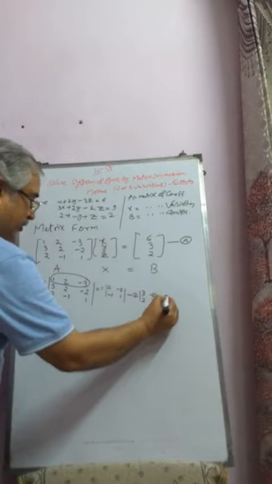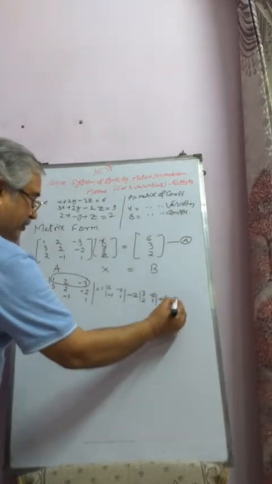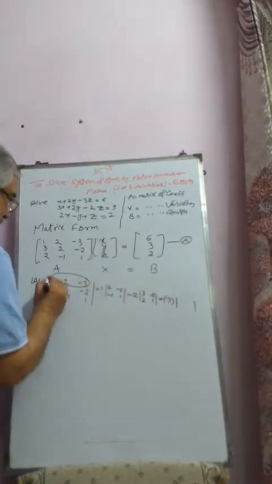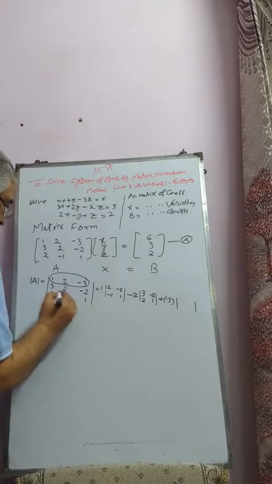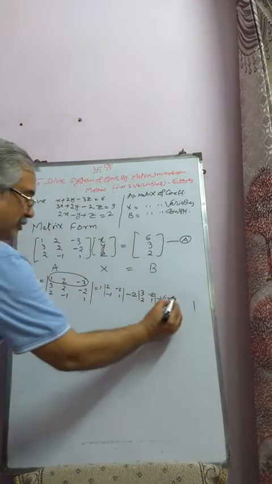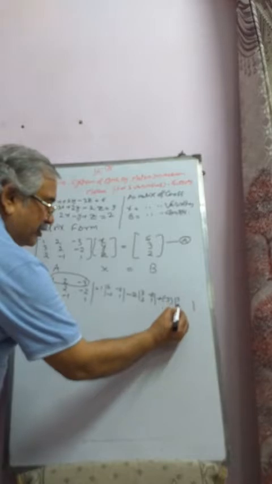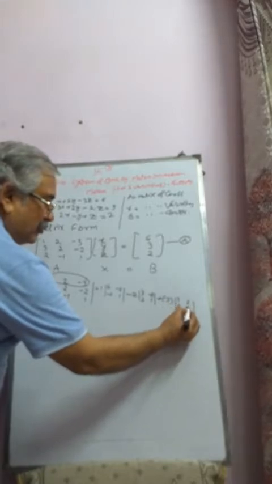Plus minus 3 times, again deleting this row and column, 3, 2, 2, minus 1.